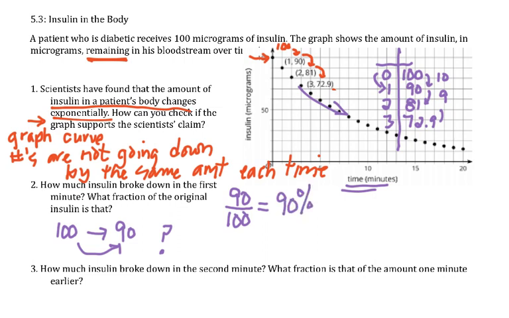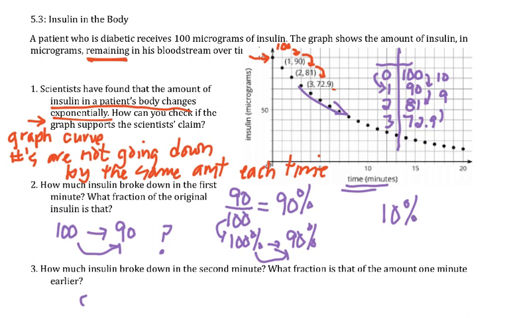So if this is 90%, what's remaining? What fraction is remaining? So if I look at 100 being 100% and 90 is 90%, what's the difference between the two? 10%.